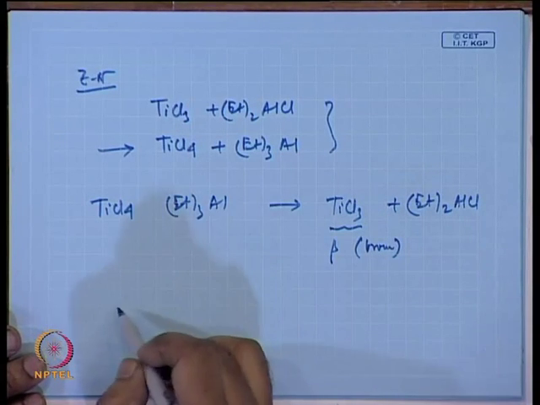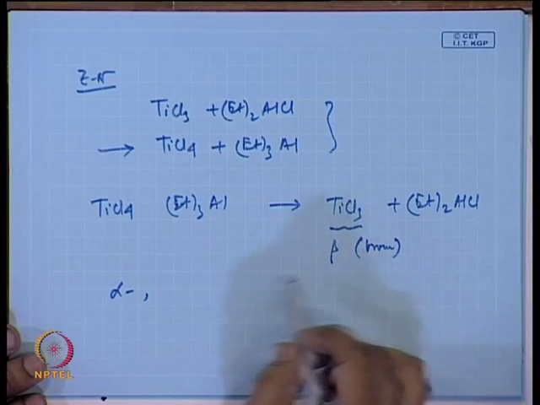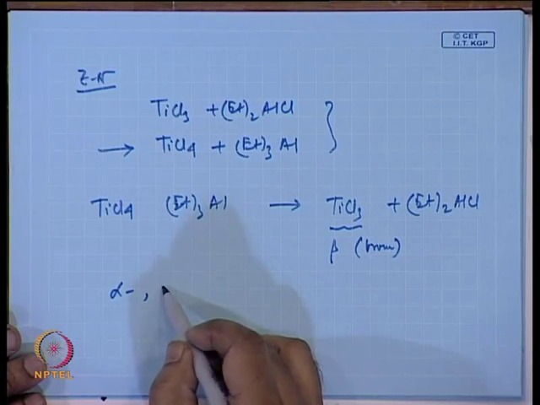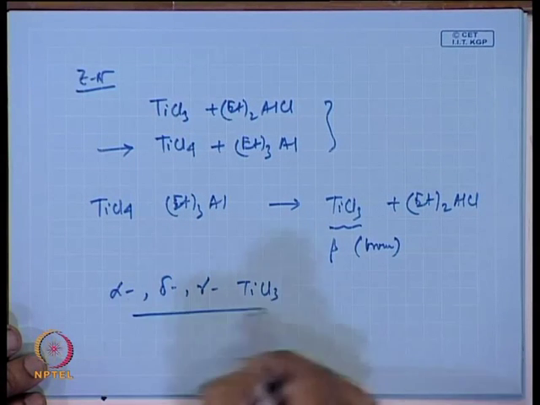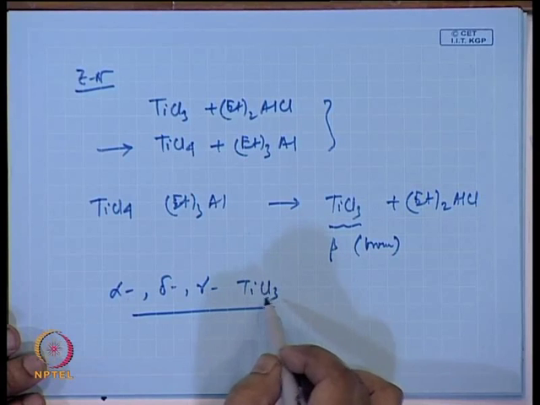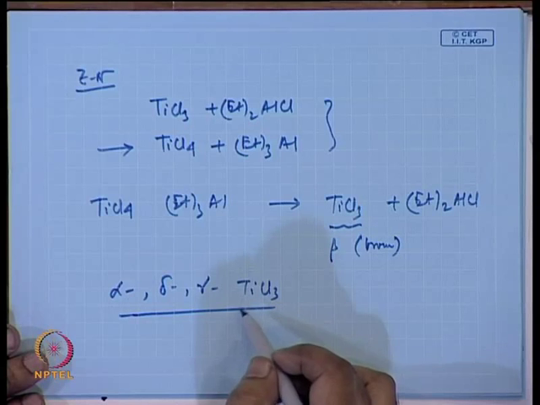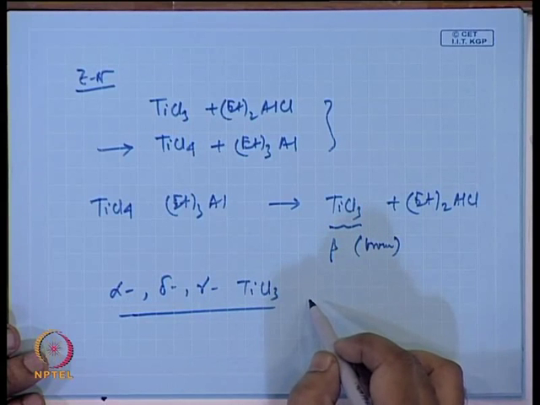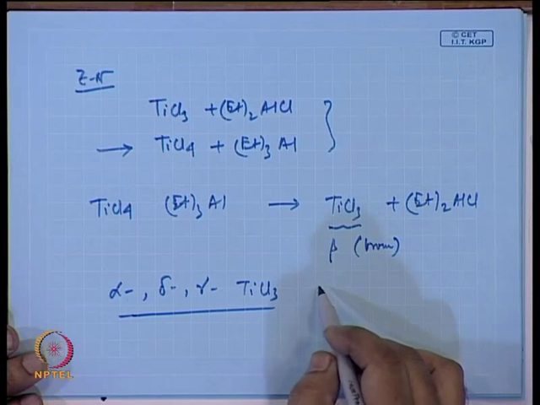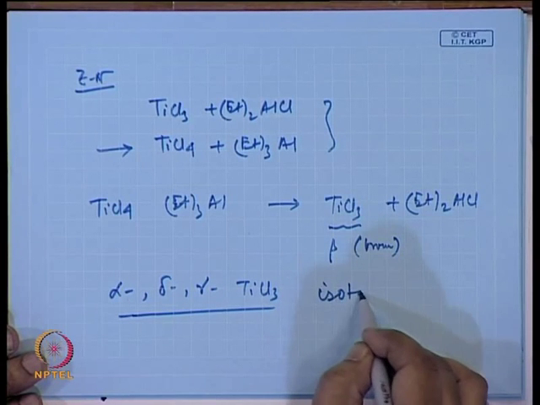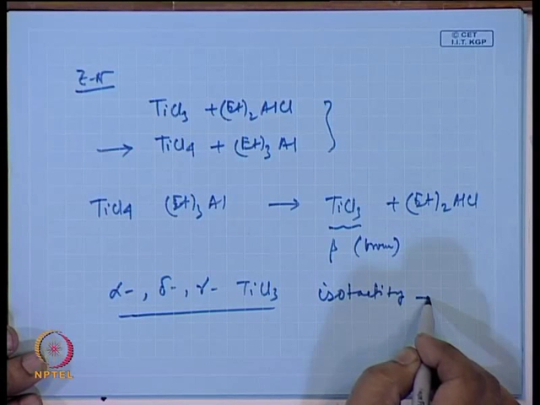What Natta found was that instead of the beta form, if you use other forms of titanium trichloride like the alpha, delta or gamma form, then you get very high stereospecificity, a very high amount of isotacticity.